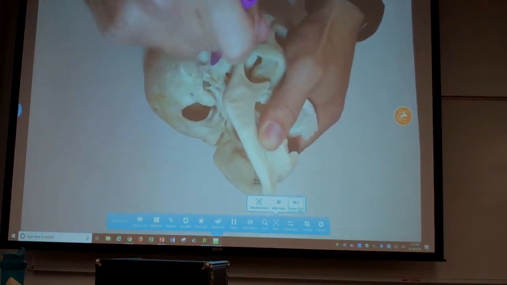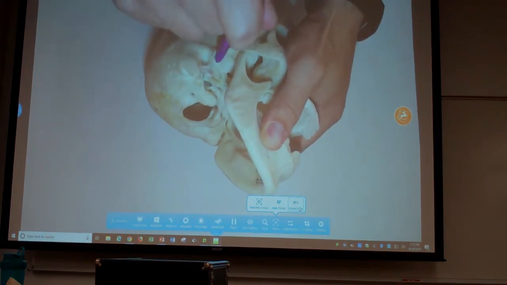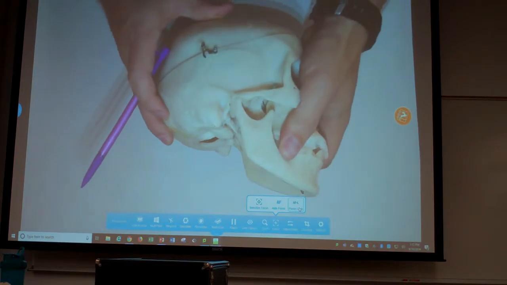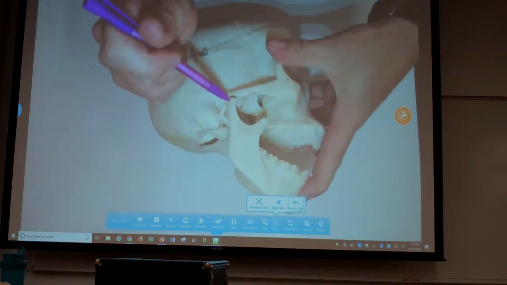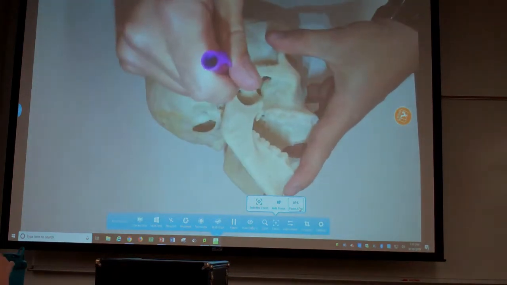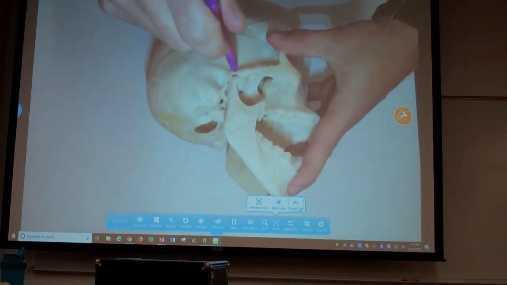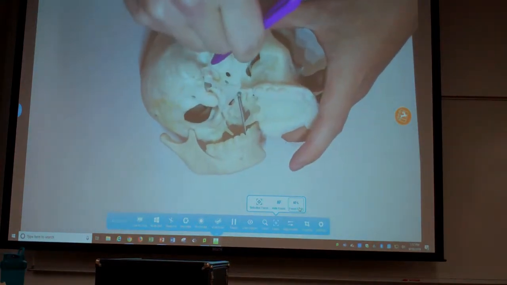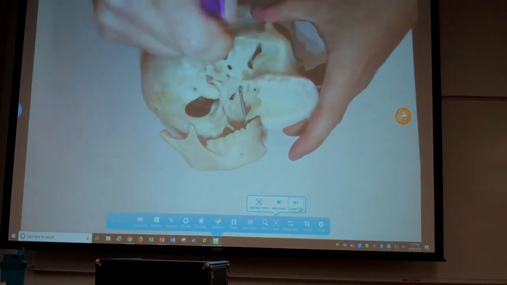So right here, that's where your mandible pivots. Inside there, that's your mandibular fossa. Just notice how my jaw is going there. Right there, that's going to be your mandibular fossa. Take it one more time. Mandibular fossa.